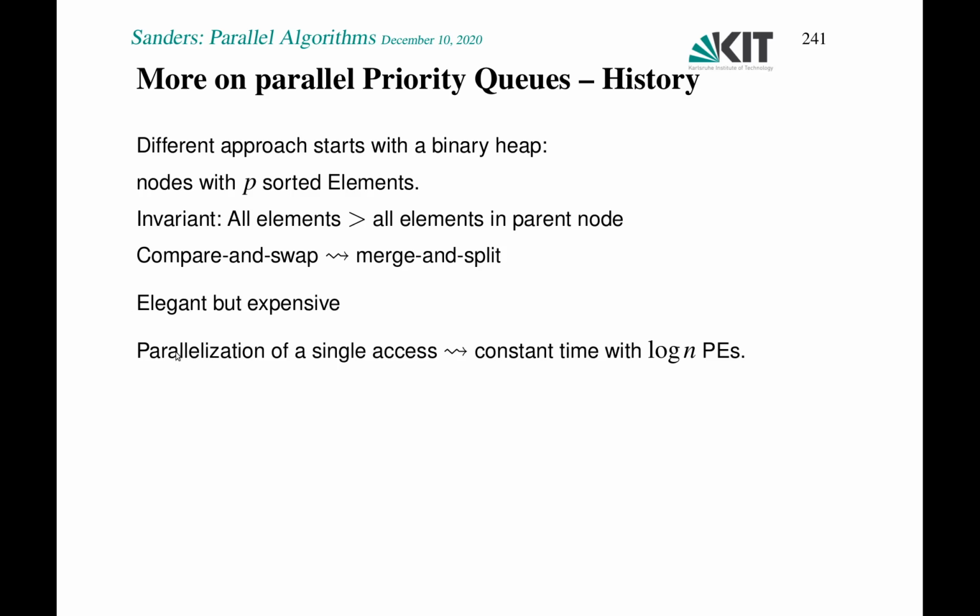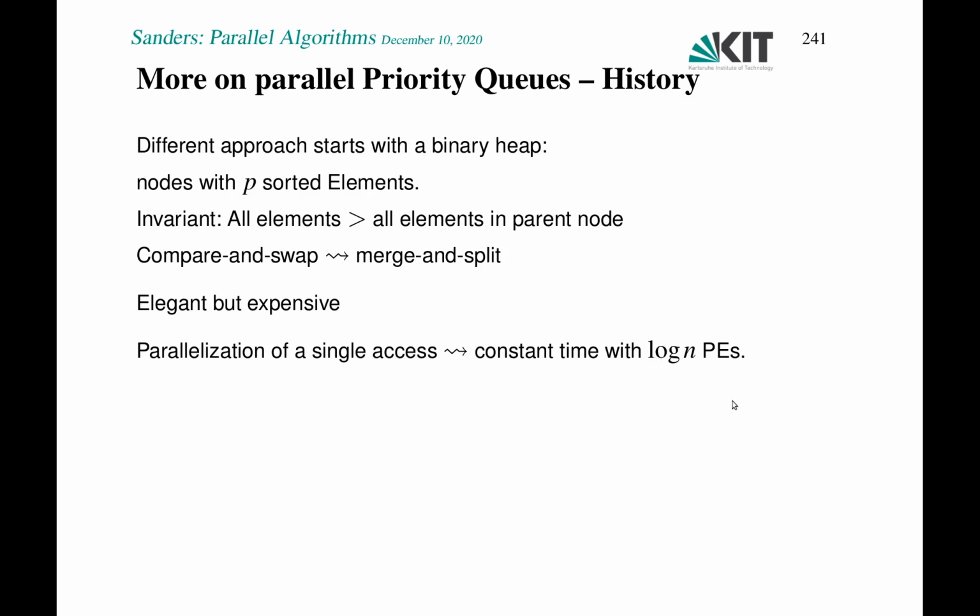There was also another paper that said, okay, we have logarithmic cost for deleting a single element, so maybe we can parallelize that. And yeah, maybe not that surprisingly, that's indeed possible. You can parallelize a single access, giving you constant time for delete min using a logarithmic number of processors.